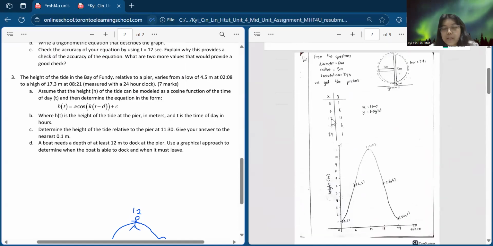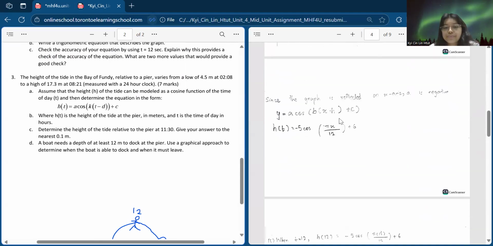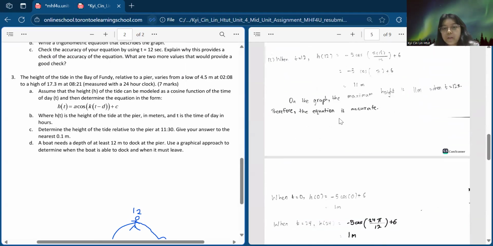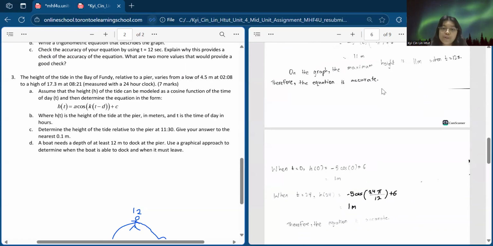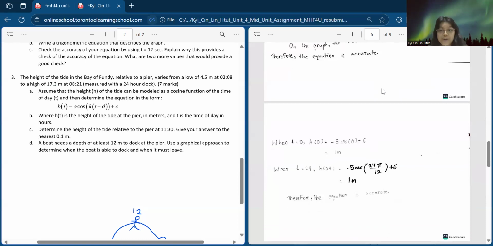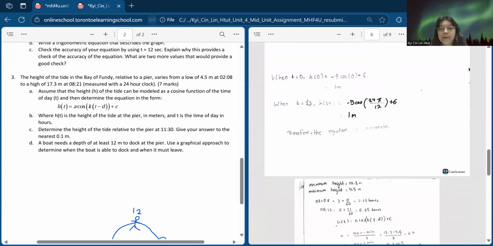At 12 seconds, the height is 11 meters, so it matched. That's why on the graph, the maximum height is 11 meters when t is equal to 12 seconds. Therefore, the equation is accurate. To make sure the equation is extra accurate, I even added 0 and 24. I substituted them, and I get 1 meter and 1 meter respectively.